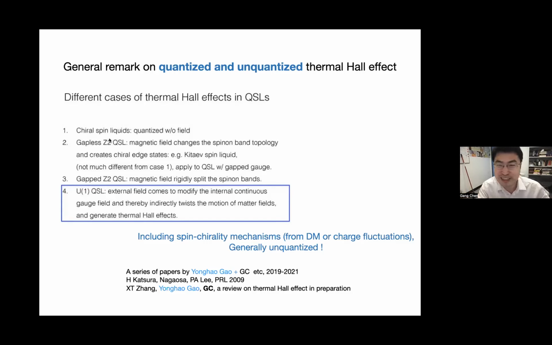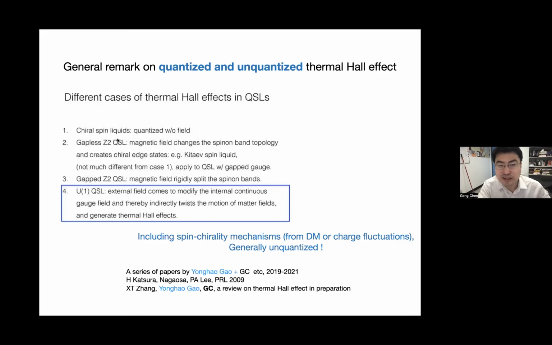You apply field, you modify the band structure topology of the Majorana fermion, and you gap them out. You create Majorana edge states, and that contributes to the half quantized thermal Hall effect, right? And the U1 spin liquid is always gapless. Is that correct? Yeah. So in the second case, I'm considering a gapless Z2 quantum spin liquid.